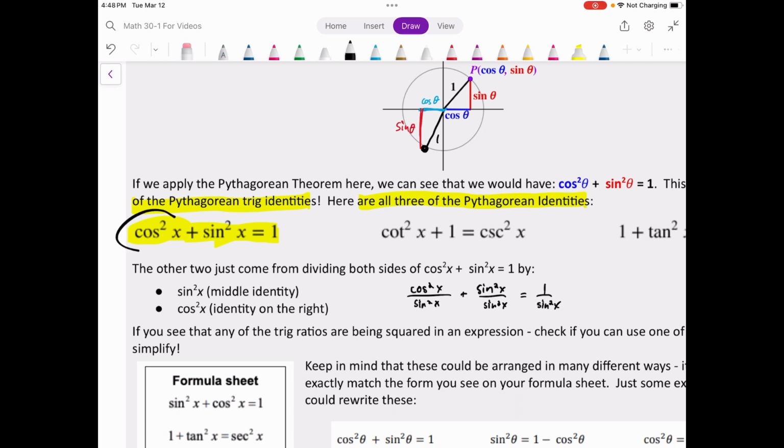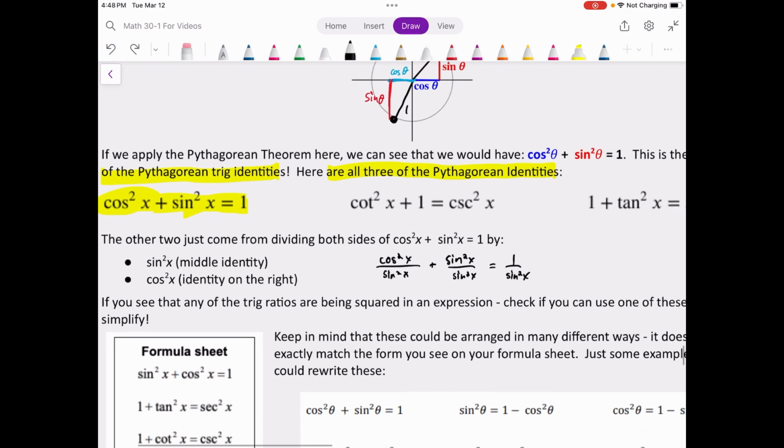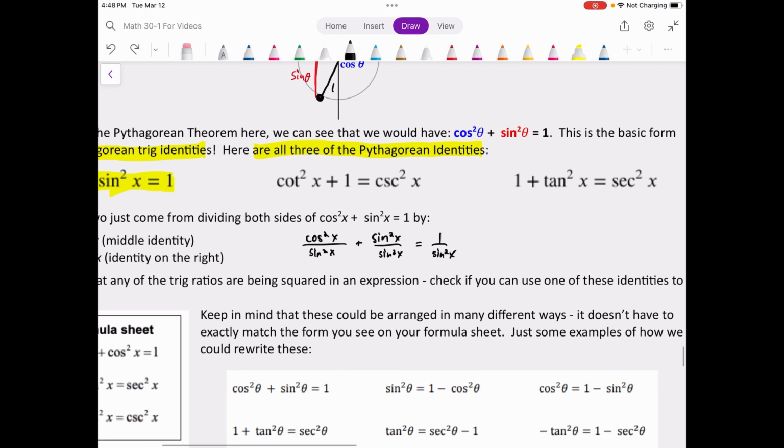Well, cos over sine is cotangent. So this is cotangent squared x. Sine squared over sine squared is 1. And 1 over sine is cosecant, so 1 over sine squared is cosecant squared x.